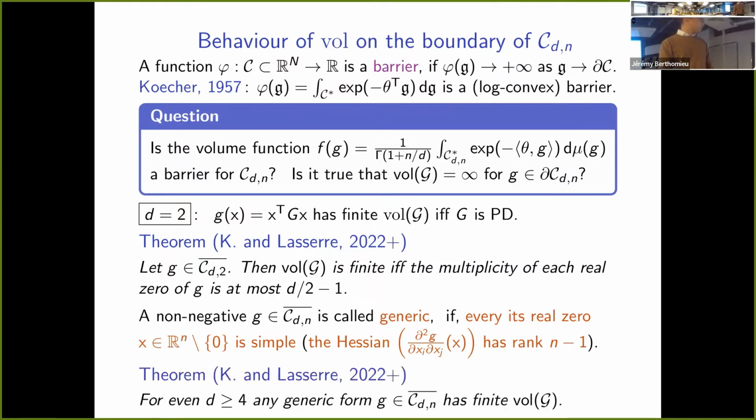Okay, and so what we prove with Rambert now is that as soon as you take any even d that is larger than 4, then any generic form on the boundary of the non-negativity cone will have finite volume. Okay, so this is something that you would probably expect, inspired by this two-variate situation, but this is unfortunately not a complete characterization.